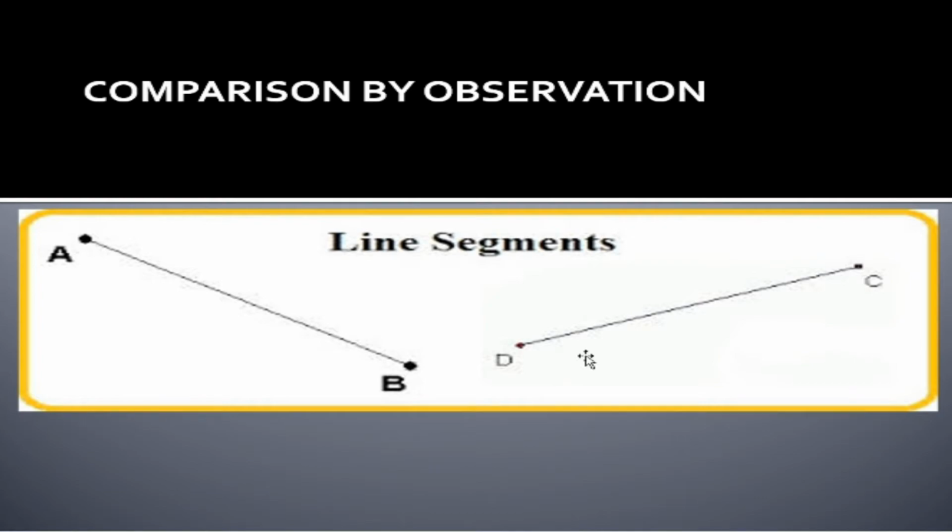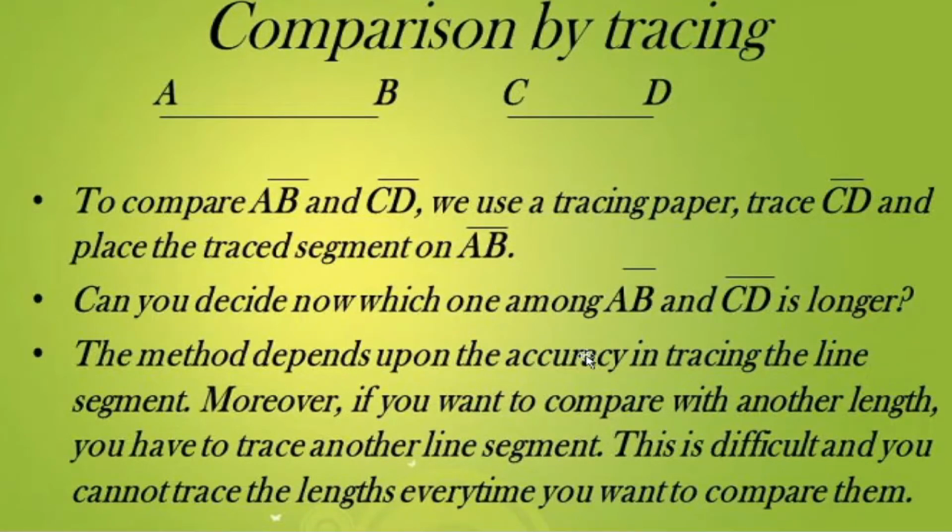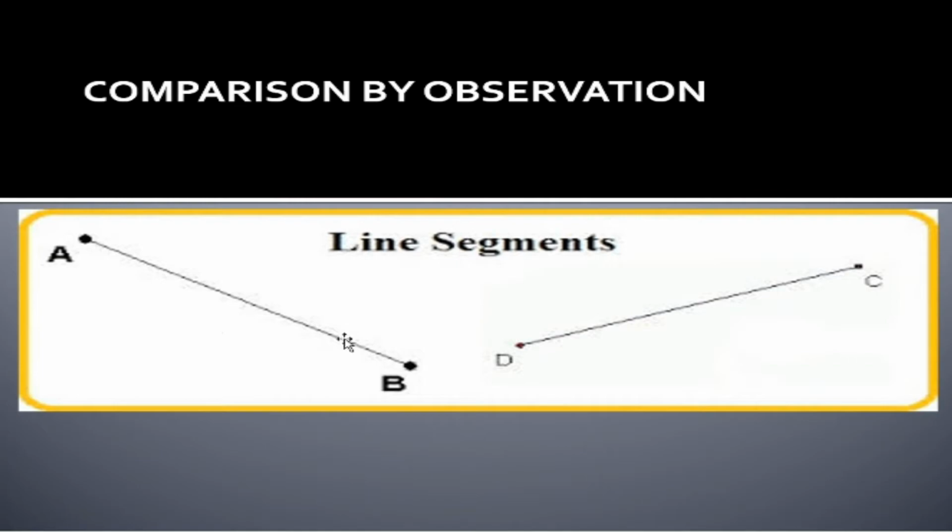In that case, we can also compare lines by tracing. Now what is this method? Take again this example. When it becomes difficult by observing, we can trace one line segment on tracing paper, keep it on the other line segment, and then by comparison check which line segment is longer. That means take a piece of tracing paper, place it over line segment AB.